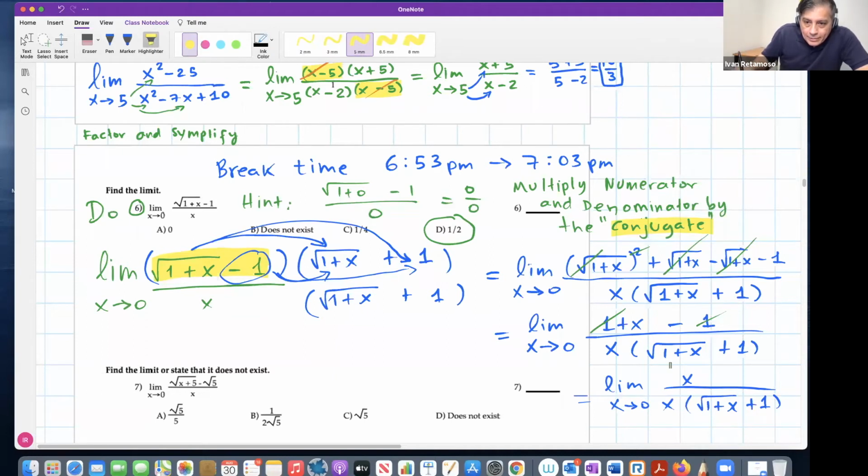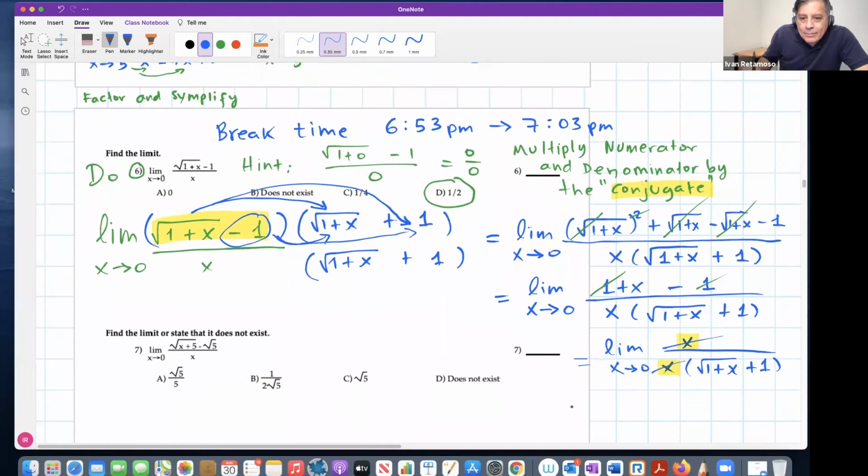Now, it turns out that the function they gave us was this one in disguise. So once you simplify this and remove this x, you end up with a new function, which is 1 over, notice I'm removing this 2, the invisible one stays there, 1 over square root of 1 plus x plus 1.